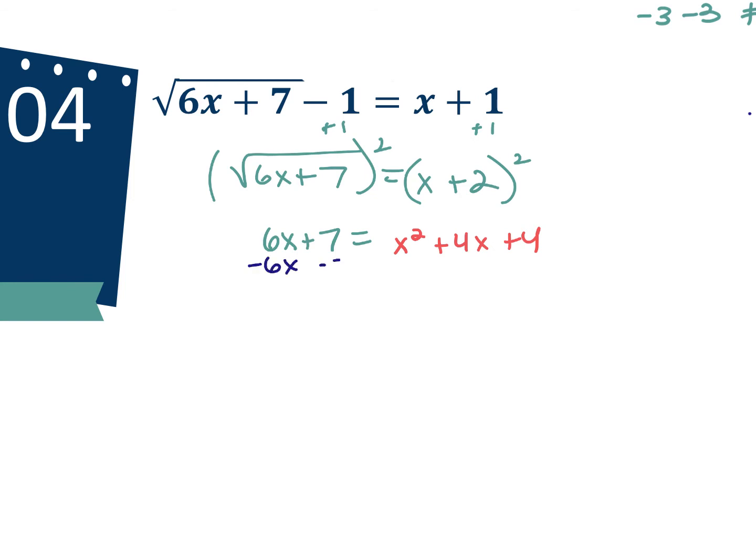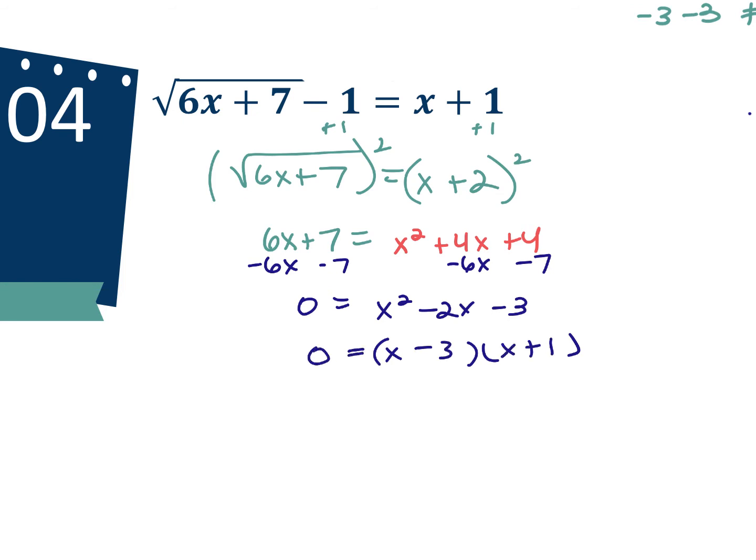Subtract the 6x and the 7, and I get 0 equals x squared minus 2x minus 3, and I factor again. I get x equals 3 and x equals negative 1.